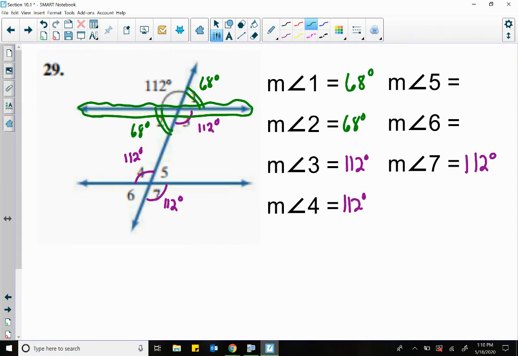Then you could say that the measure of angle 5 is 68 degrees. Reason we know that is 68 degrees because 1 and 5 are corresponding. 4 and 5 are a linear pair. 7 and 5 are a linear pair. Angle 2 and angle 5 are alternate interior.